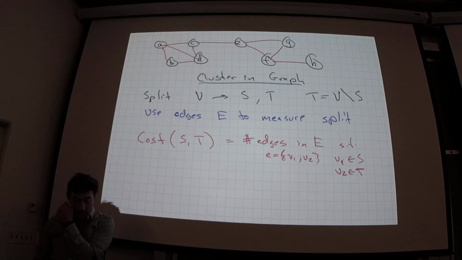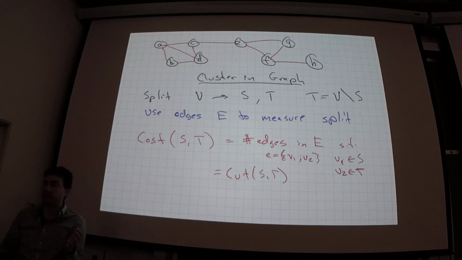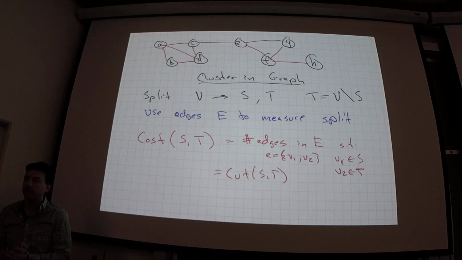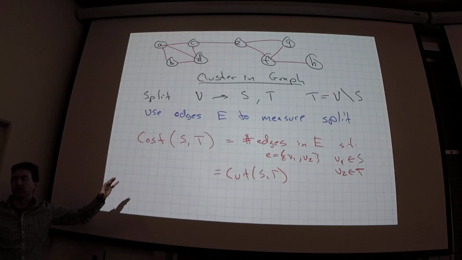So this would be, what I would do is I would describe this as the cut of ST. Right? So this is the definition of the size of the cut. Okay, good. So I want to make a cut that's as small as possible.